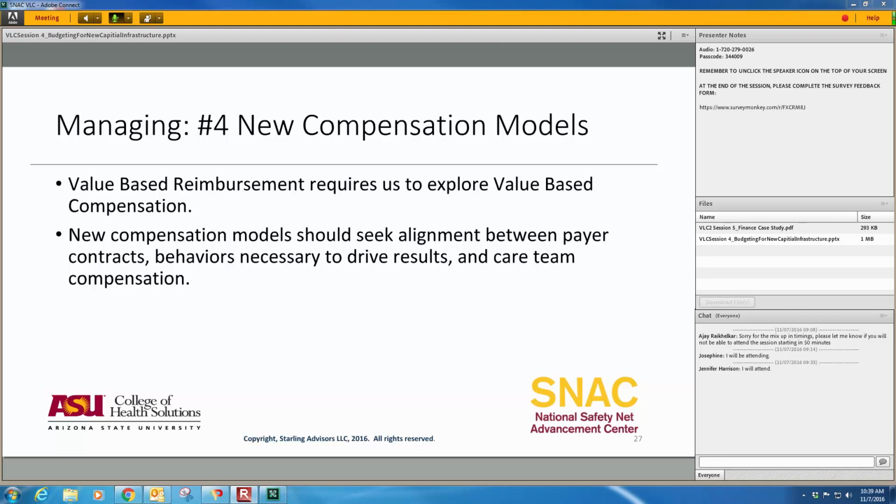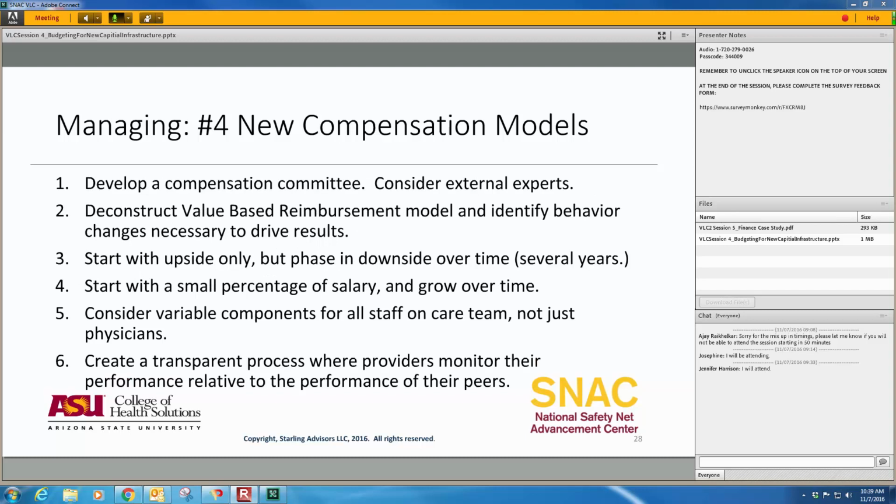But organizations and providers are seeking shelter from the trend of value-based reimbursement in organizations that can essentially guarantee their ongoing compensation. We need to take that trend seriously and look at finding ways of aligning the terms in our payer contracts to how we pay the people who provide care within our organizations.